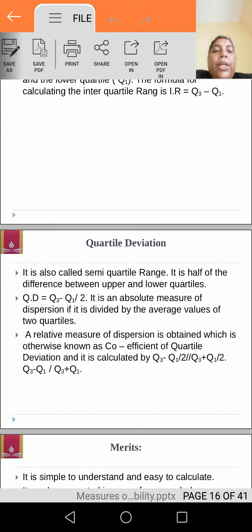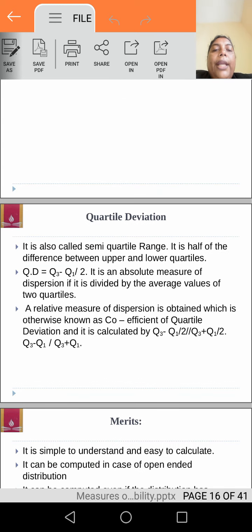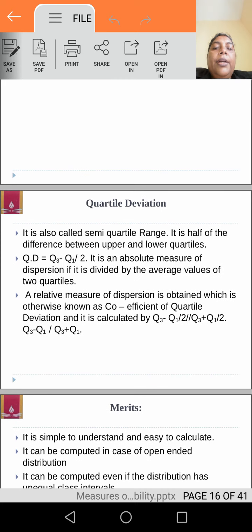So it is called the semi-quartile range. It is half of the difference between upper and lower quartile. So quartile deviation is (Q3 minus Q1) divided by 2.